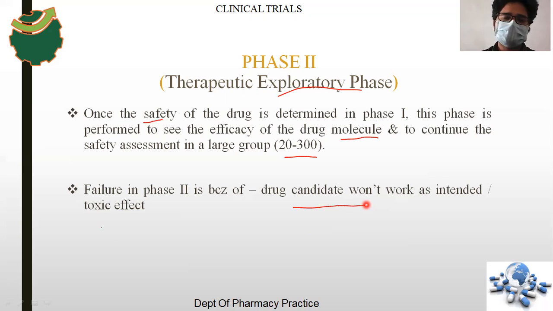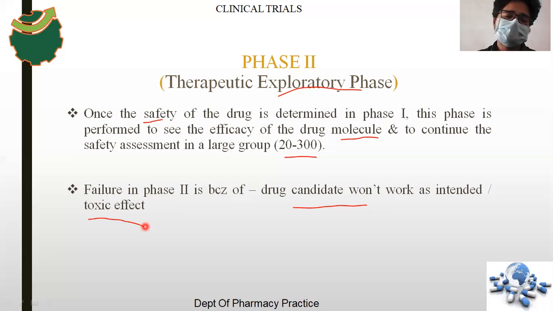And apart from that, if the drug is showing certain toxic levels. Why I am saying toxic levels is because in phase 1, we have seen the healthy volunteers. So there might be proper absorption, metabolism, and elimination in healthy volunteers.